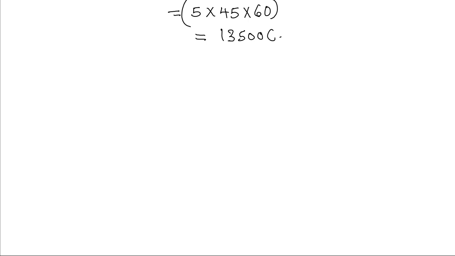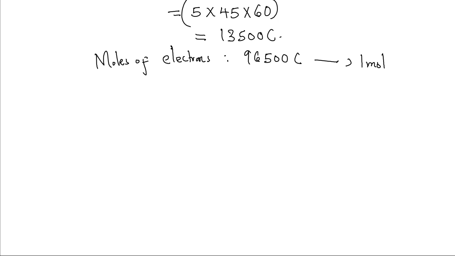Moles of electrons. So we have, very clear that 96,500 coulombs gives 1 mole of electron. What about 13,500?